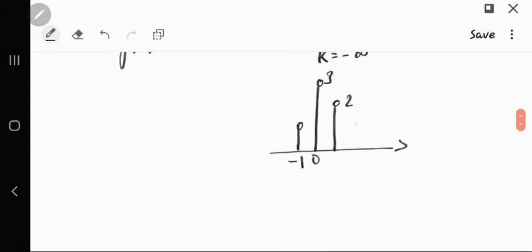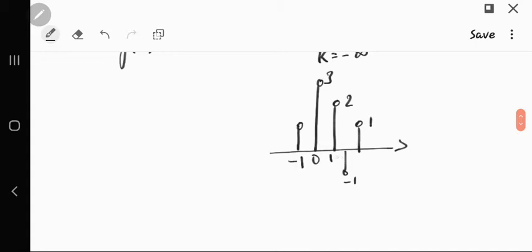Consider the two signals. I am just rewriting h of n here. The h of n signal varies from -1 to +3. At -1 we have 1 as amplitude, and at 0 it is 3, 2, -1 and +1.